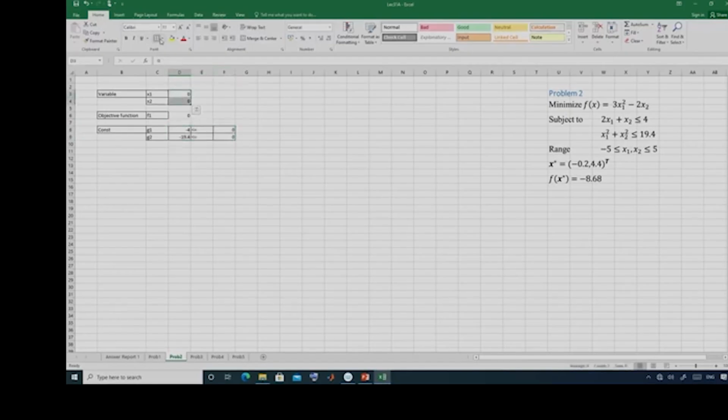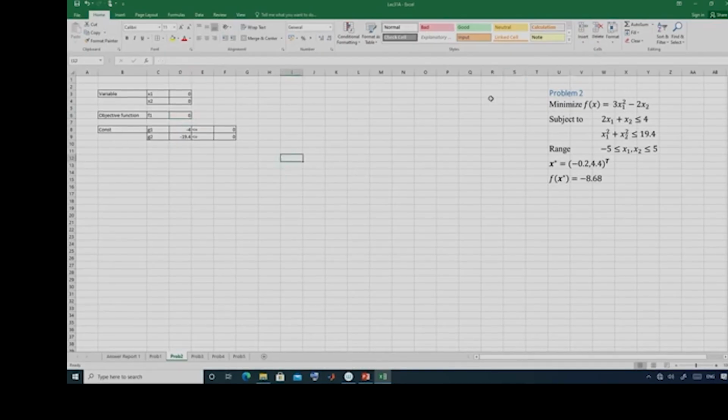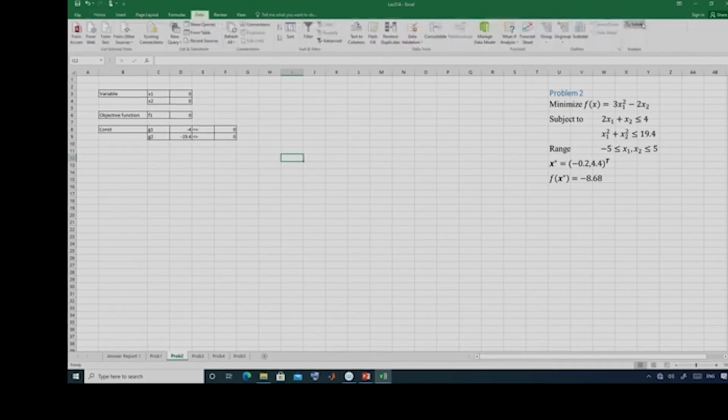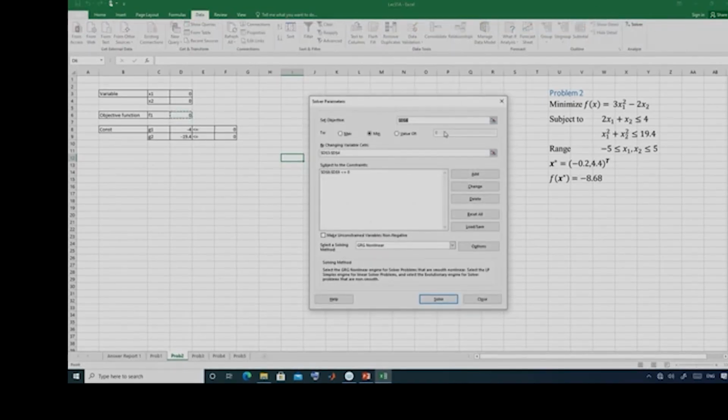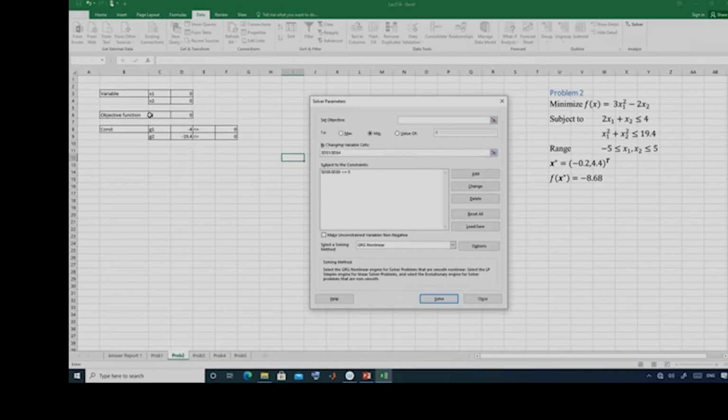I have defined the objective function and constraints here. So now I can solve this problem using Solver. Let us go to Data, use the Solve button. Here you define that this is your objective function cell.